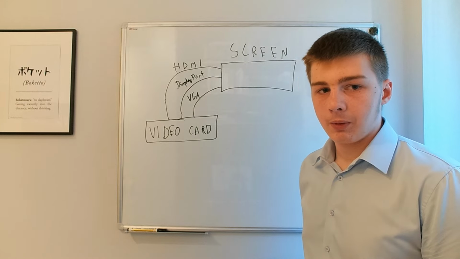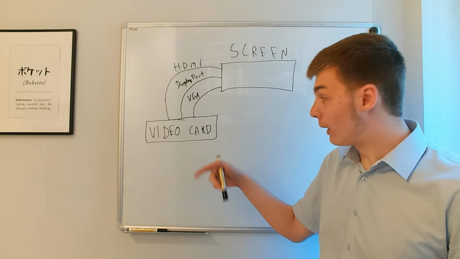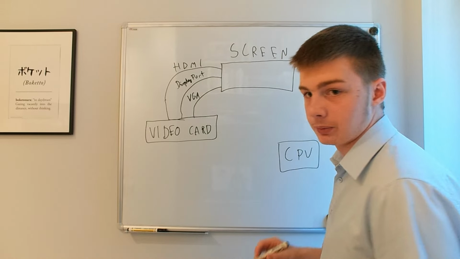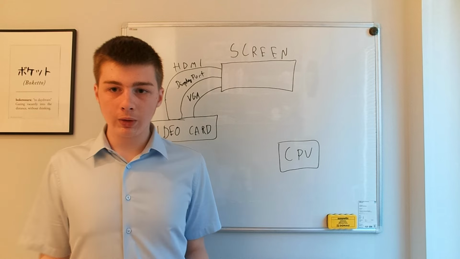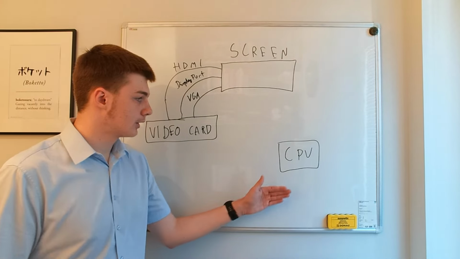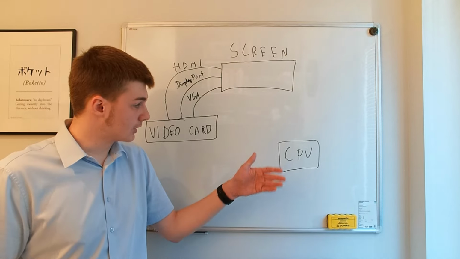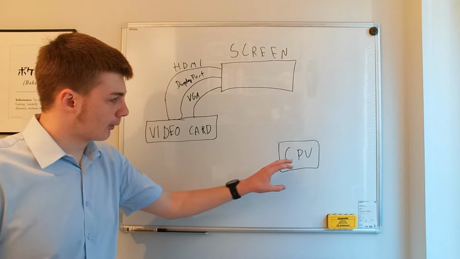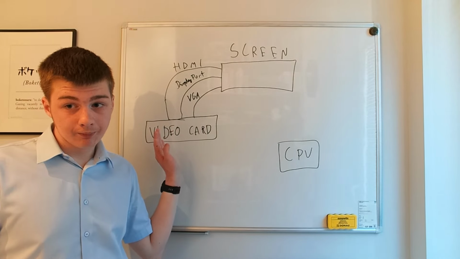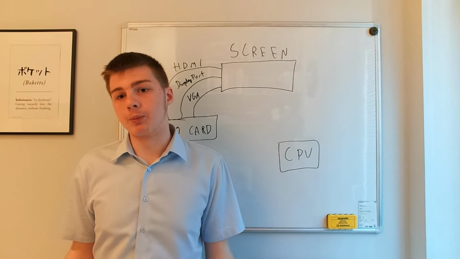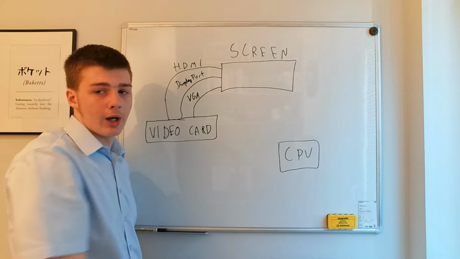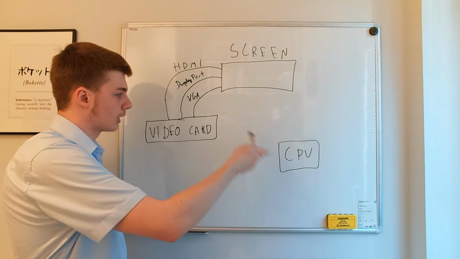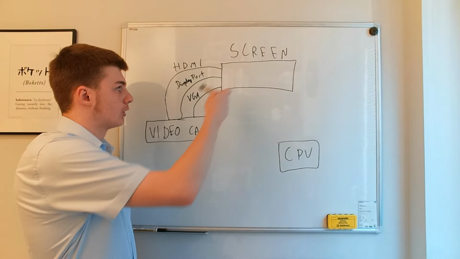Okay, so basically we need to communicate with the video card. We have the central processing unit, and our kernel is being executed by the CPU. So how can the CPU actually communicate with the video card? This is what I mean by output. We have some way of giving output. How can we use the CPU to communicate with a video card in order to render to the screen?